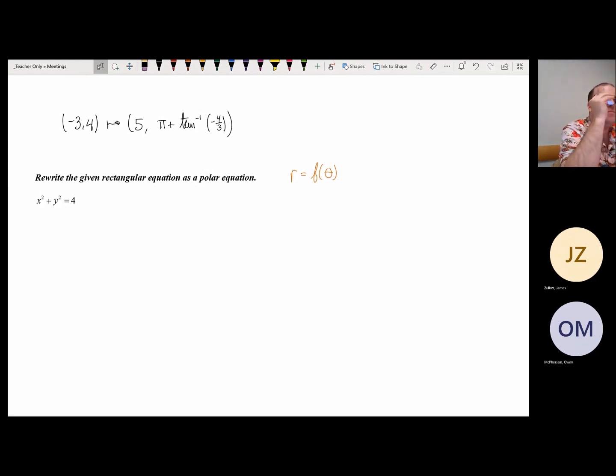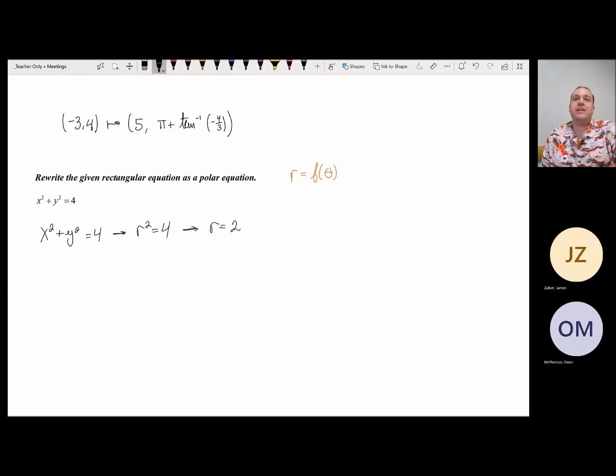Well, x squared plus y squared, isn't that r squared? Which should make r equal to 2. x squared plus y squared equals 4, that entire set, can be described as r equals 2.